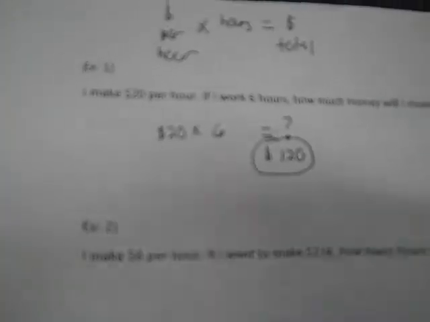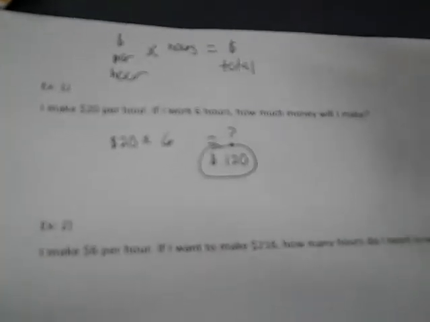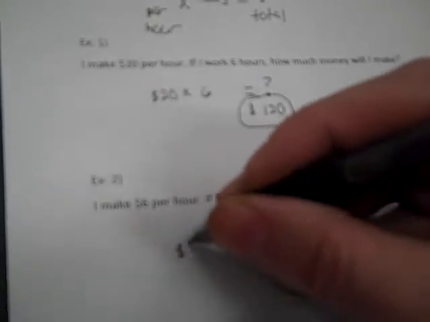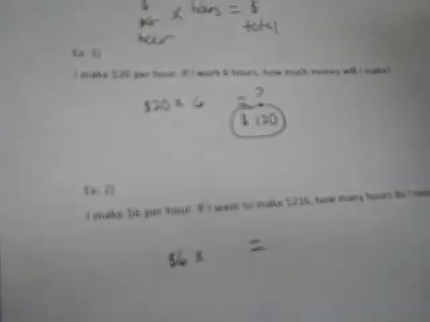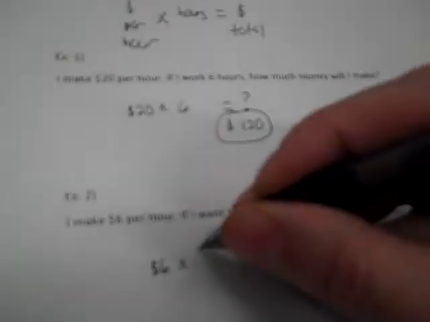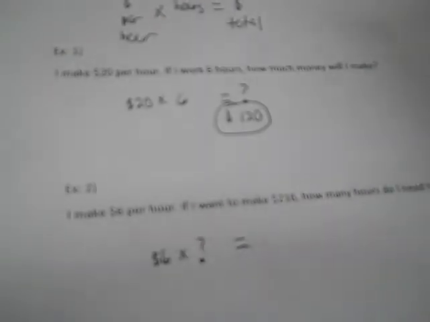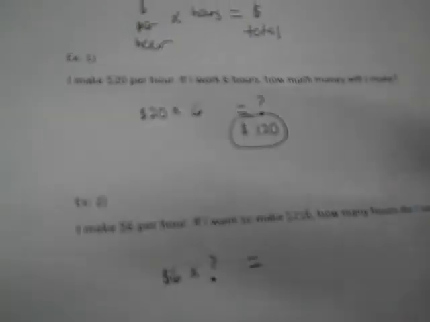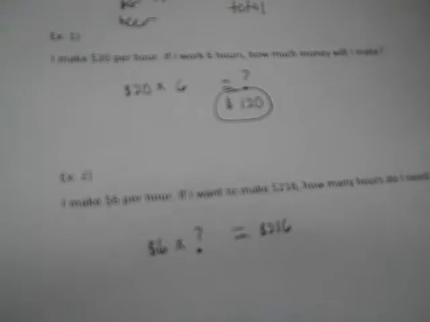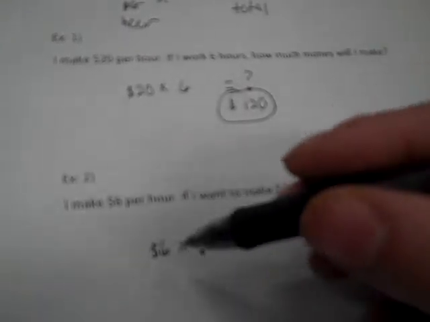Okay, example 2, I make $6 per hour. If I want to make $216, how many hours do I need to work? So $6 per hour. Now, how many hours did we work? We don't know how many hours we worked, so I put a question mark there. And then when I'm done working, I know I had $216. Okay, so to find the question mark, I don't multiply.